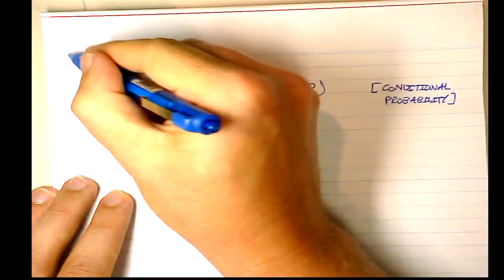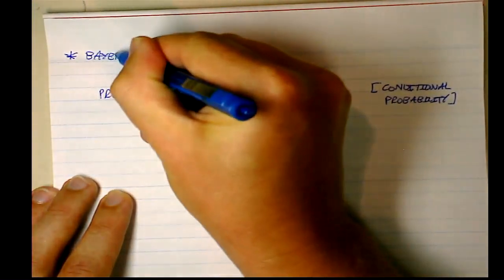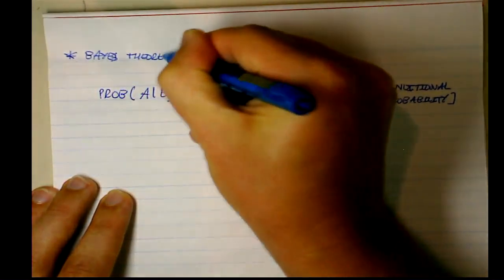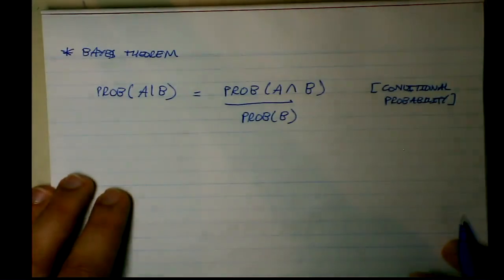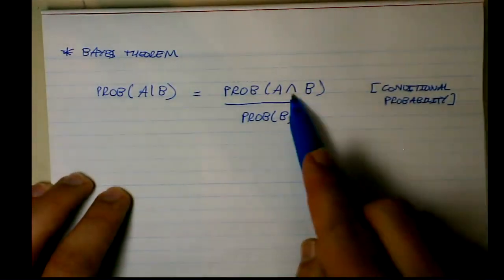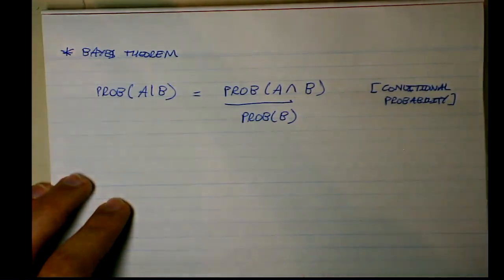Okay, and we're proving Bayes' theorem, so let me just put a star on Bayes' theorem. Now what we're going to do is replace this numerator, and again use the definition of conditional probability.